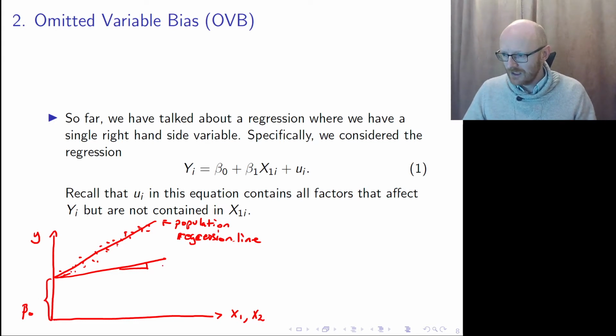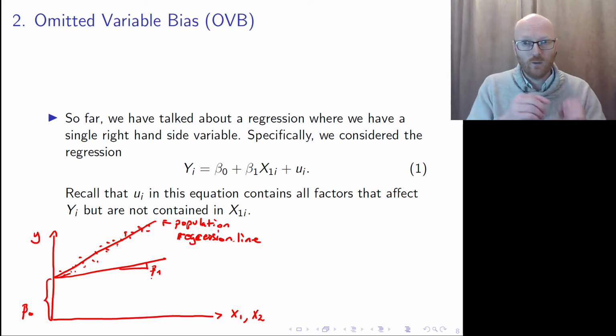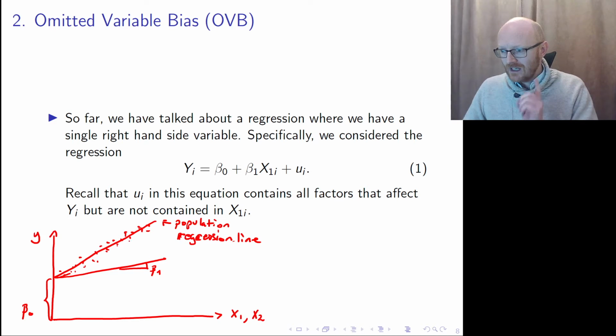This is the intercept. This is the true slope for the effect of the x1 variable on the y variable, okay? The second effect is the effect of x2, right? So this line is parallel to this line, right? Okay, these are parallel.